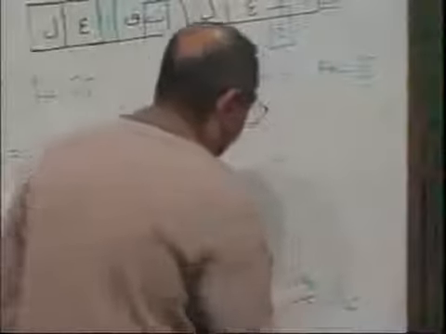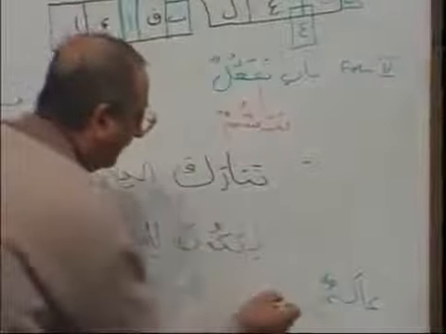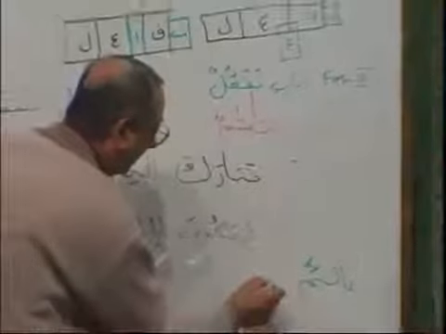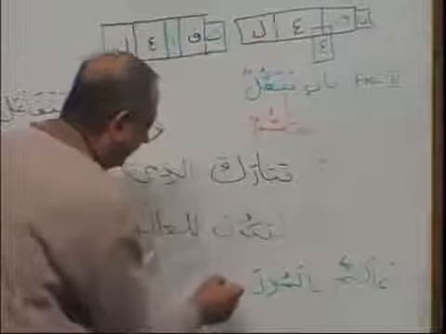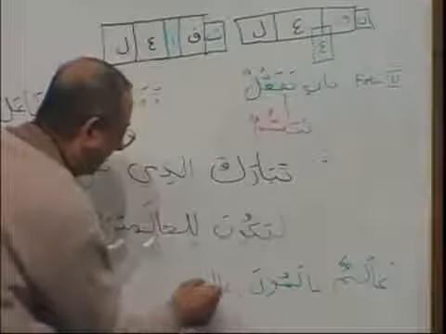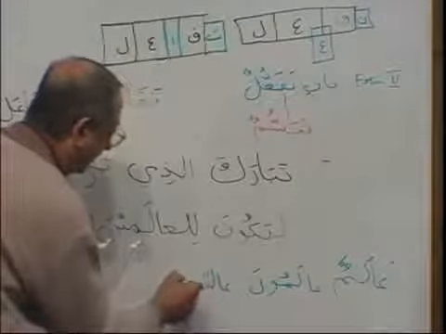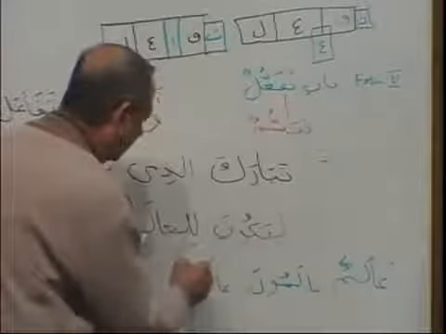Alamun. Are you with me, brothers and sisters? Lil alamina is jar wa majrur. And where is the khabar kana? Nadhiran. It's easy, because khabar kana is always mansoob.